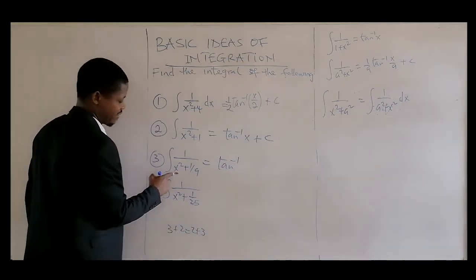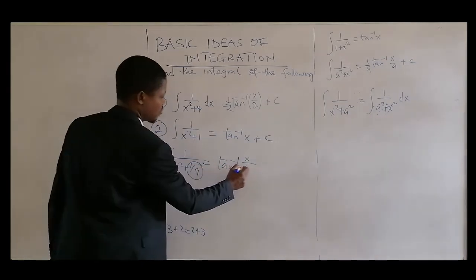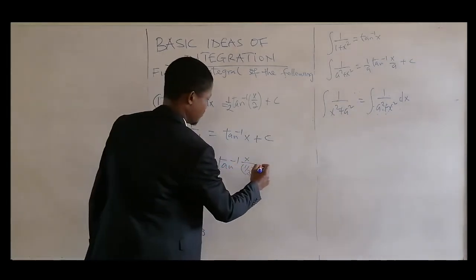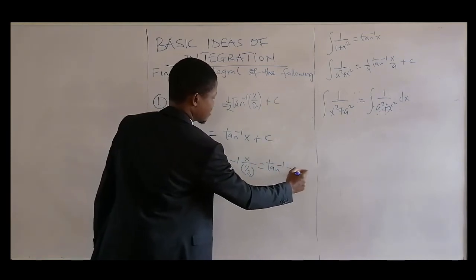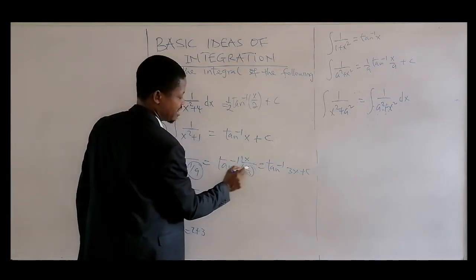So here, you take one of these functions, x over 3, and then one of these also, 1 over 3, and plus c, and that will give you arctan 3x plus c, because there is a 1 here. And when you take the inverse of 1 over 3, that will be 3.